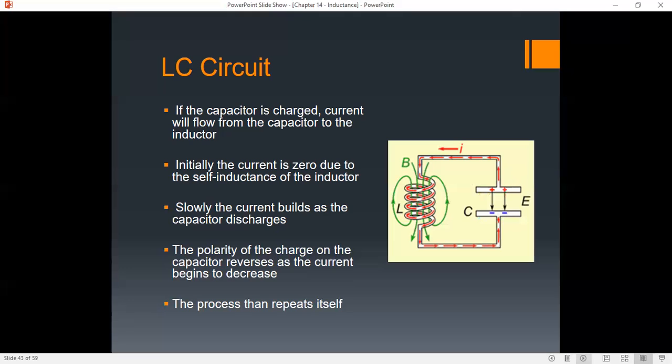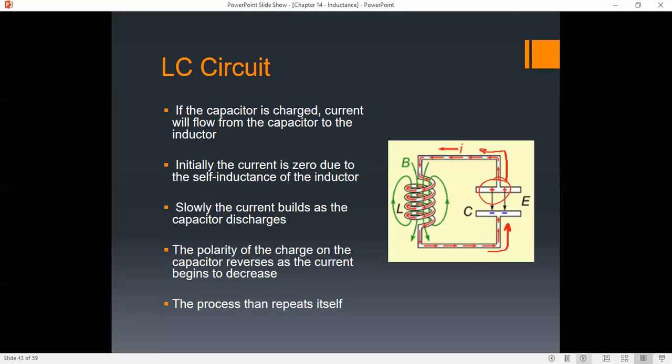Now, what naturally is going to happen is when I allow this capacitor to discharge, the positive charge is going to want to flow away from the positive plate, and it's going to want to flow to the negative plate. As it does that, that is going to reduce the amount of charge. So essentially, as the capacitor discharges, it's giving up its energy.